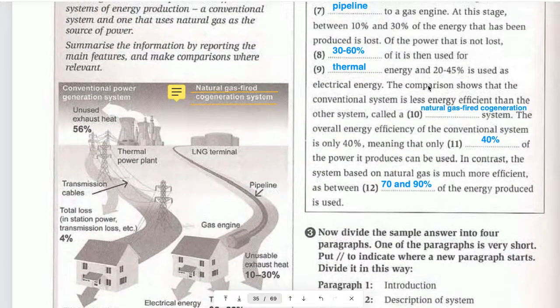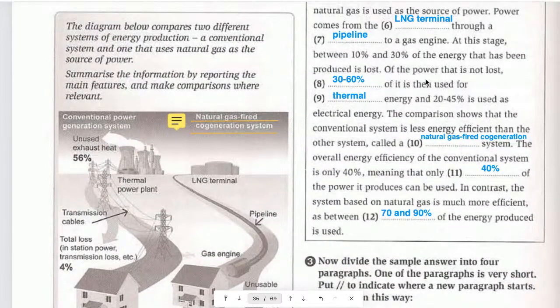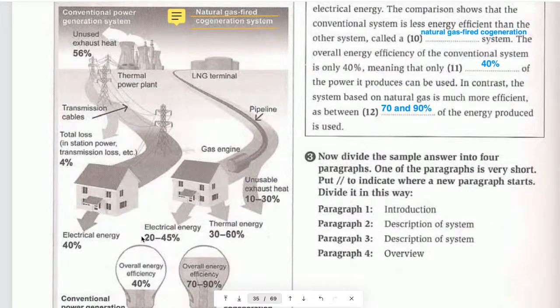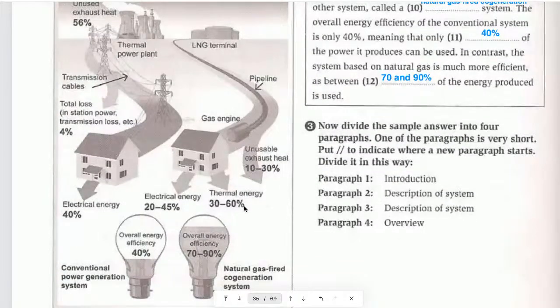Now tell me, why do they have to mention that? Do you think the numbers 30 to 60% or 20 to 45% make sense or not? Because we already lose 10 to 30%, right? Why do we still have 30% to 60% here, or 20% to 45%? Does that make sense?